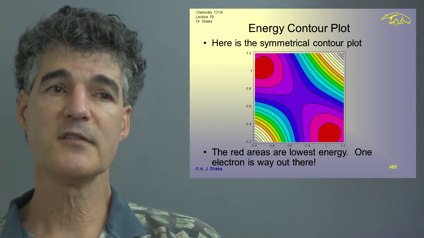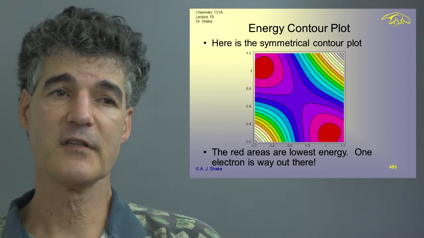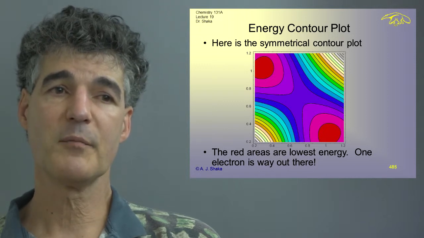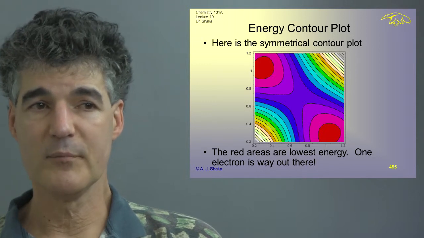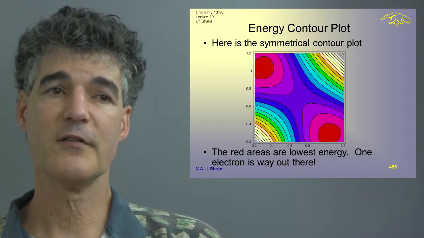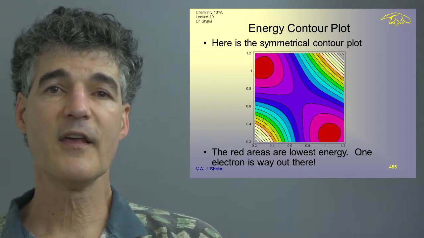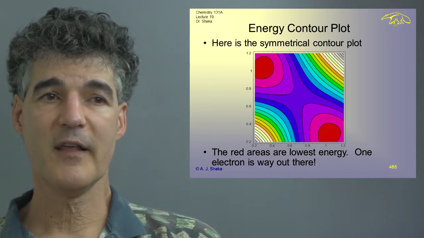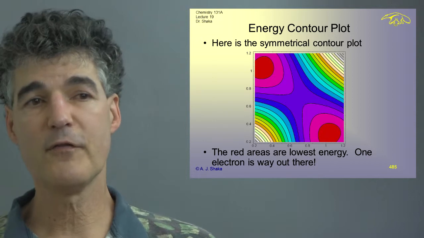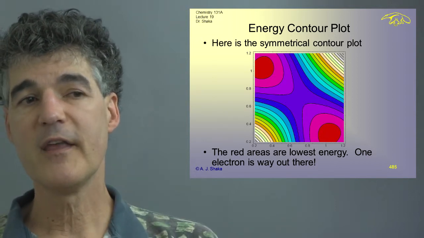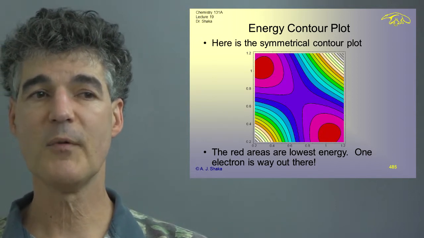The red parts are the parts where the energy is low, then going up to purple and blue, and then going through green and yellow, gray and white, where the energy is high. And I think you can see that the energy is high when on the 45-degree angle. The energy is high when zeta is too small.